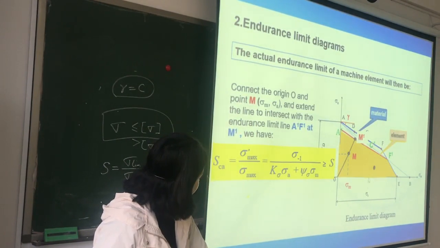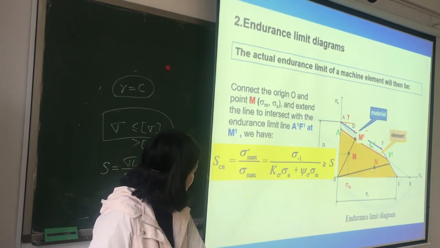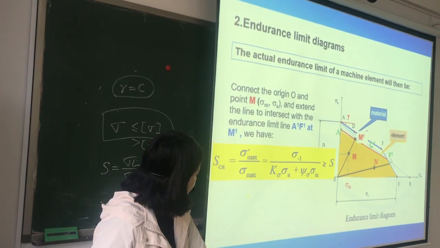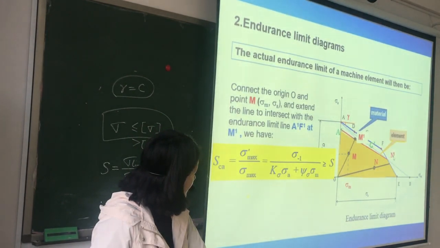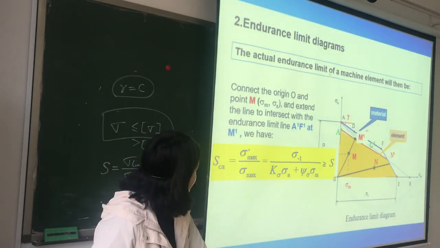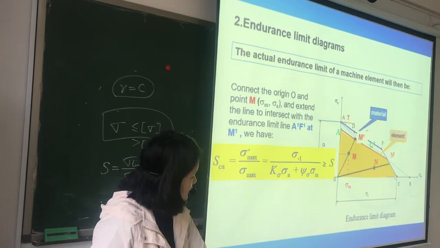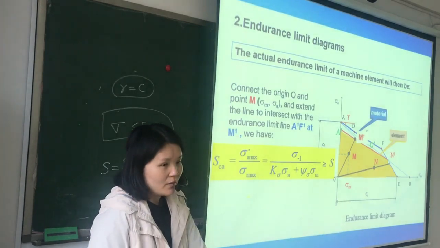But for the point N, we connect the origin O and N and extend the line to intersect with the line F1E at point N1. So the endurance limit is on line N1E, and the equation for line N1E is different from that of A1, F1.